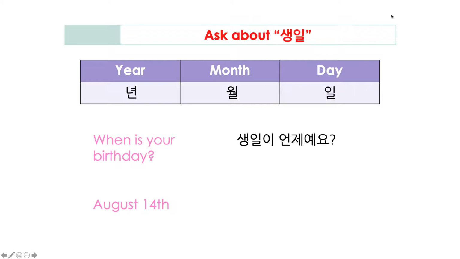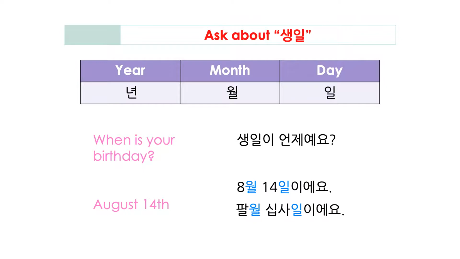So as for me, my birthday is August 14th. So I'll say 8월 14일이에요. So hopefully you know how to ask and answer when you guys are talking about 생일. 여러분 생일 언제예요?